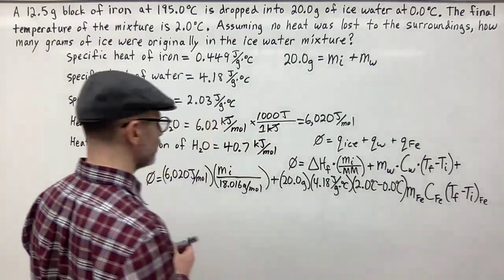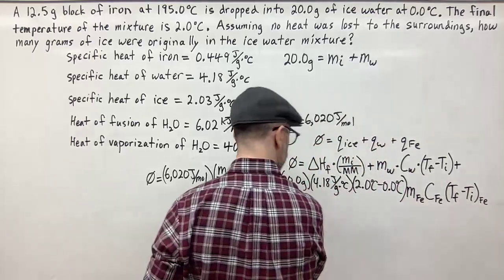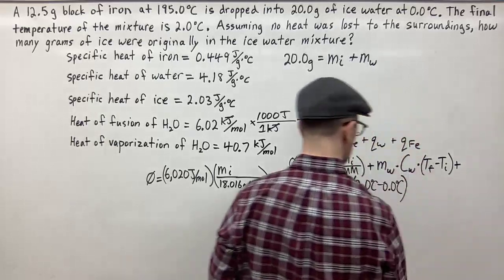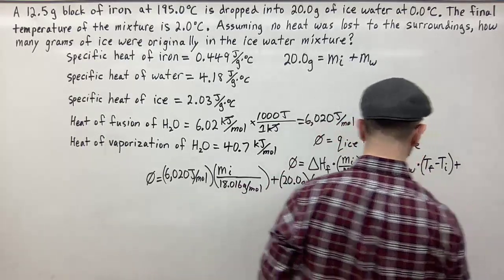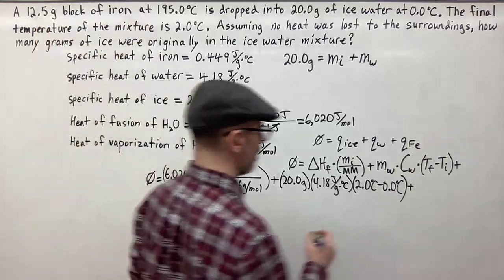And then we're going to add this part here. So let me erase this so I can give myself some room. So we're going to add the mass of the iron. So the mass of the iron was 12.5 grams.